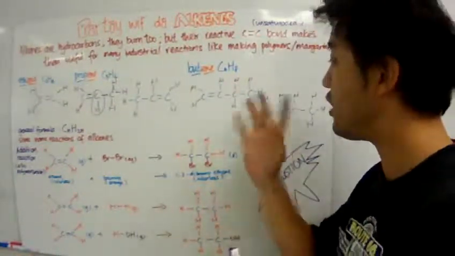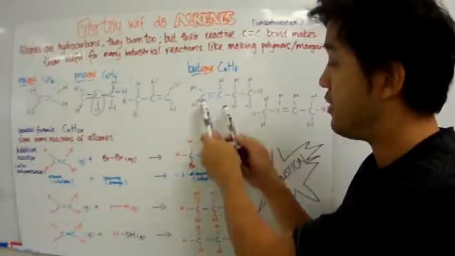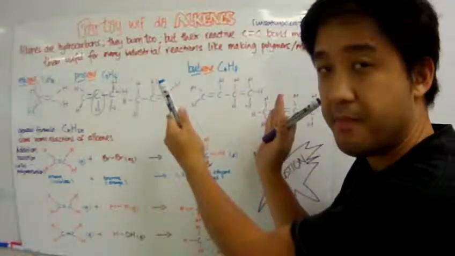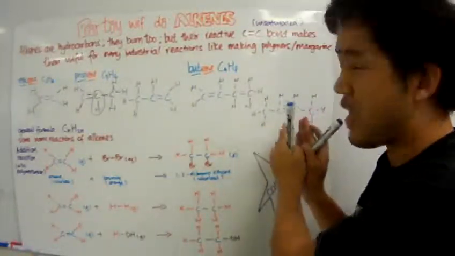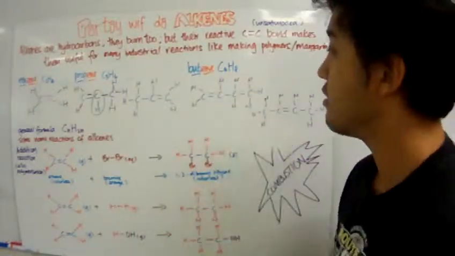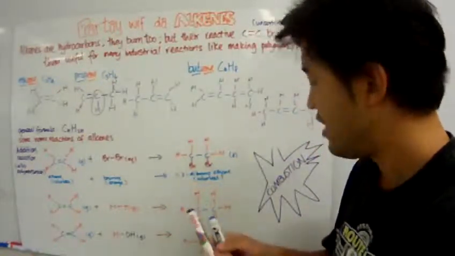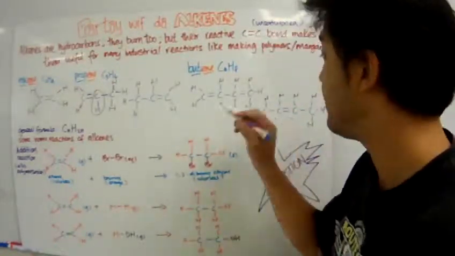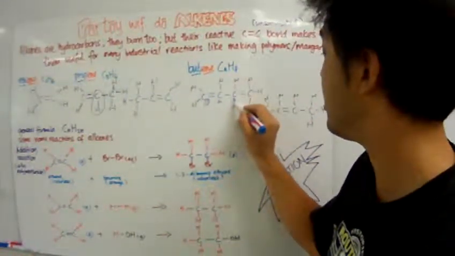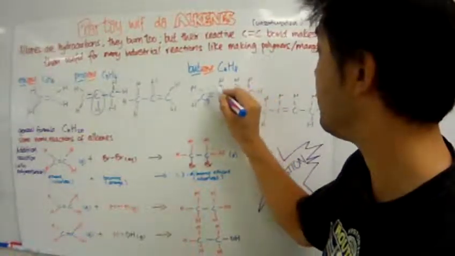All right. Now if you look at this, one of the butenes has a double bond towards the end of the molecule, and the other butene has the double bond smack in the middle. Now this makes these two molecules structural isomers. So what is the name for this one? Well, if you count your carbon, 1, 2, 3, 4, or you count it backwards, 1, 2, 3, 4.